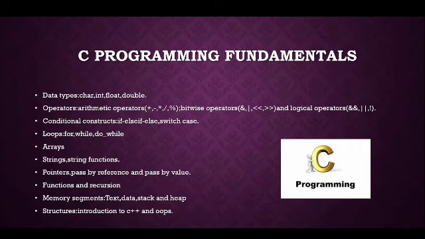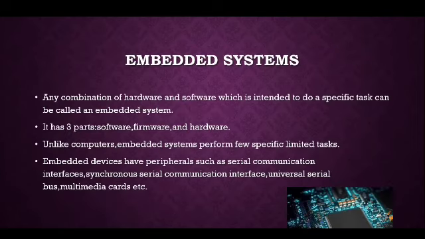And then in structures we learned about the introduction to C++ and OOPS concepts. And then embedded systems. An embedded system is a combination of hardware and software systems which is intended to do a specific task. In an embedded system we can perform a specific task which we assign to that electronic device, or which we program the electronic device to do.